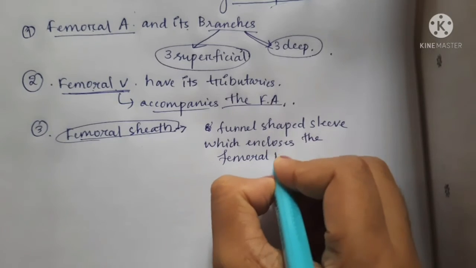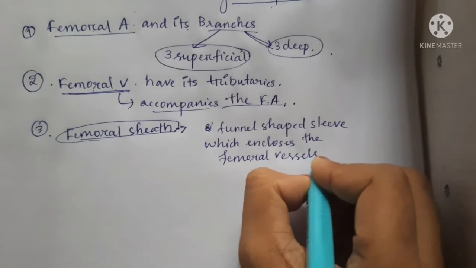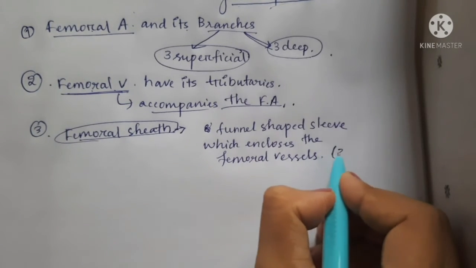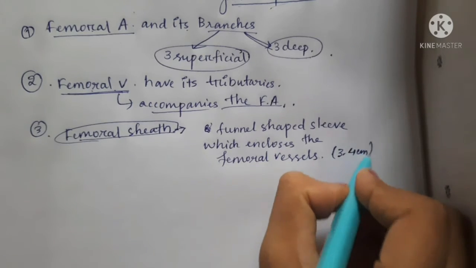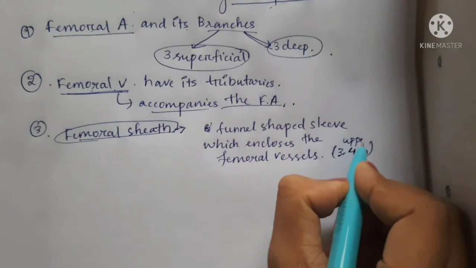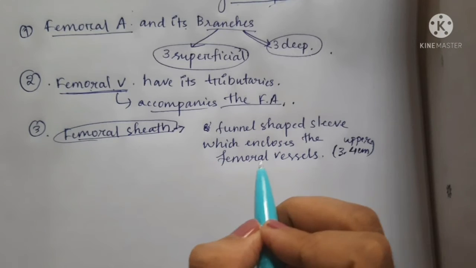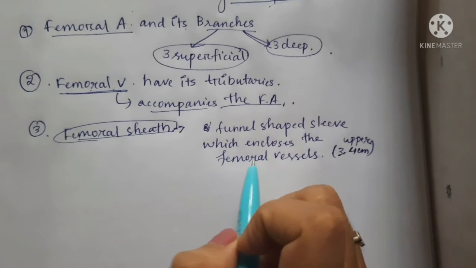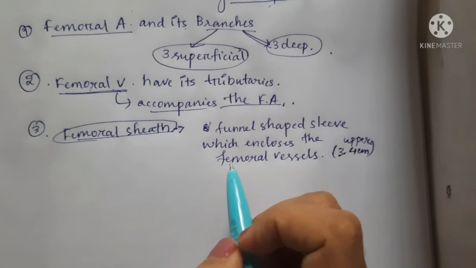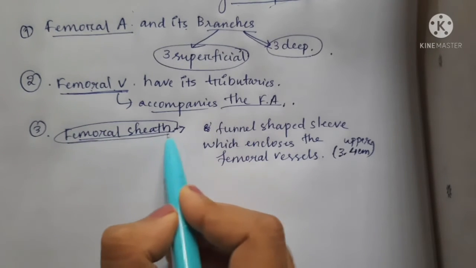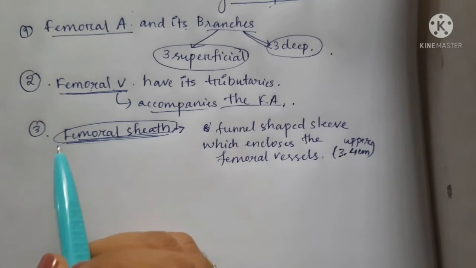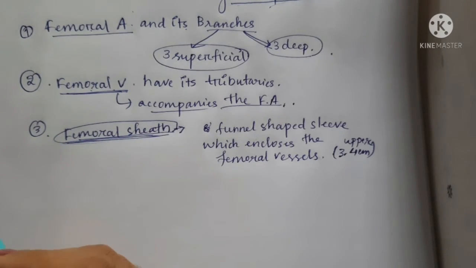The upper 3 to 4 centimeter of the femoral vessels are covered by the femoral sheath. So the femoral sheath also comes under the contents of the femoral triangle.